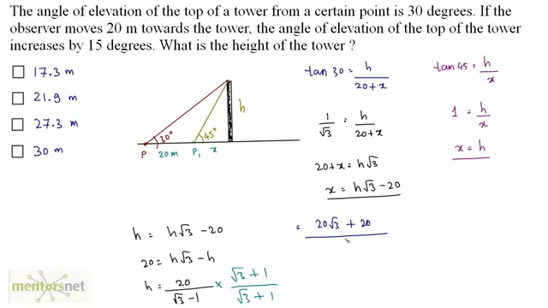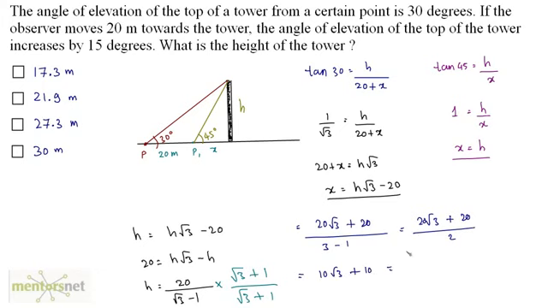That's a square minus b square. So root 3 square is 3 minus 1 square is 1. Okay, so this is equal to 20 root 3 plus 20 divided by 2, and if I divide this by 2, I get 10 root 3 plus 10.